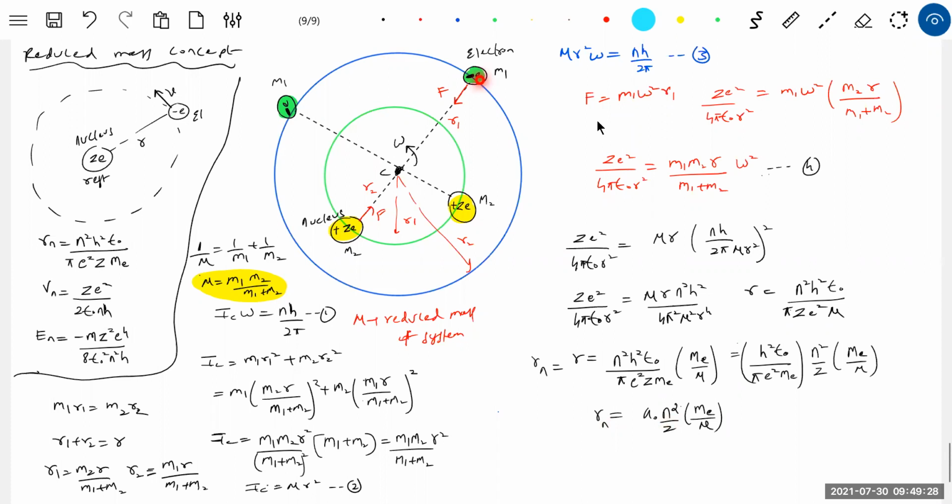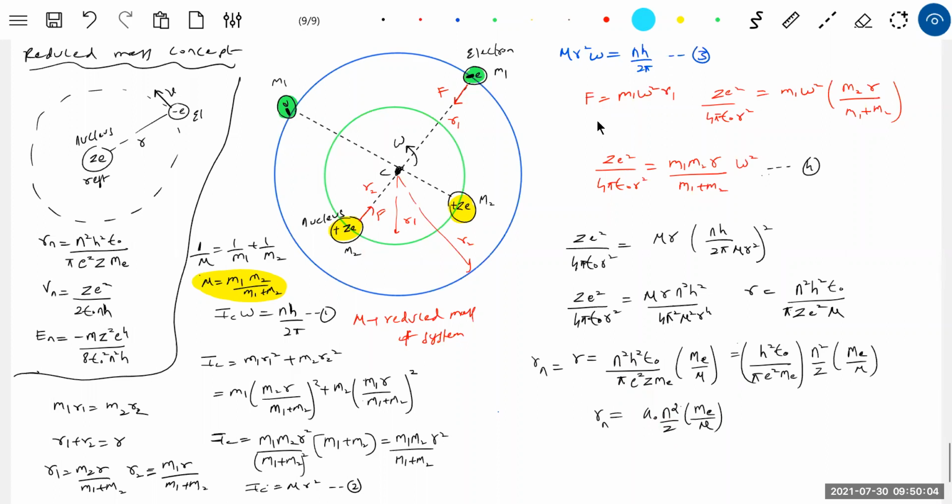If the charge is some other charge instead of minus, that has to be taken care of in the Z only, since Z e square will bring it, no? Okay, now this is about the case where the revolving particle has some mass comparable to that of the nucleus.